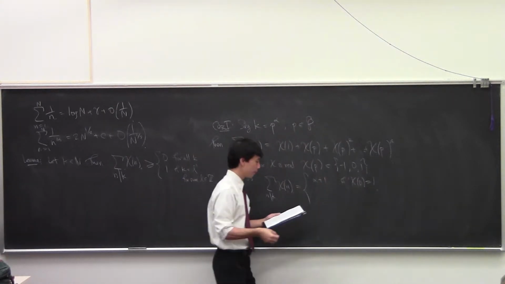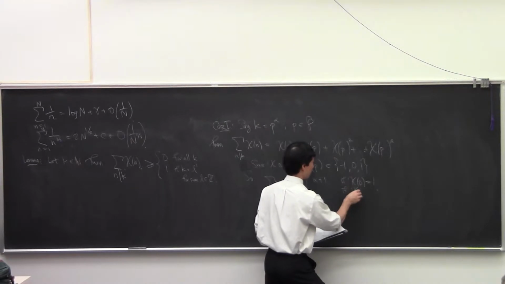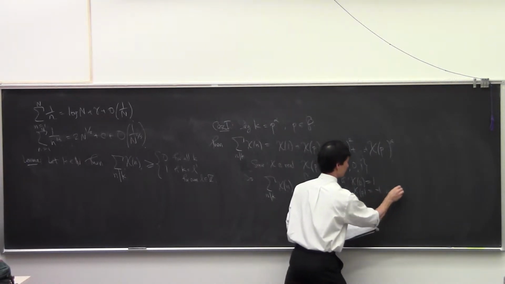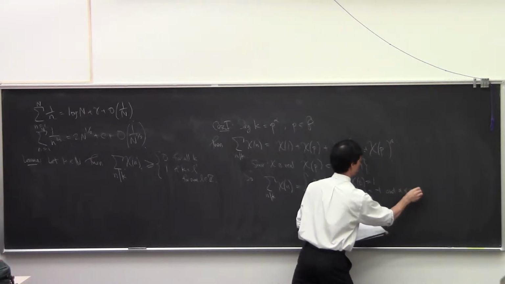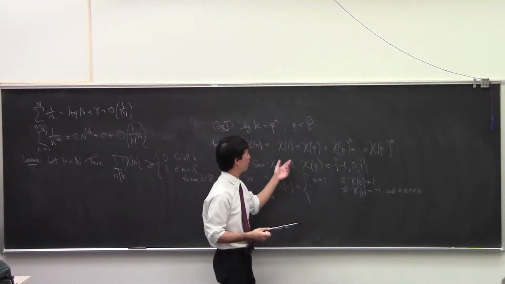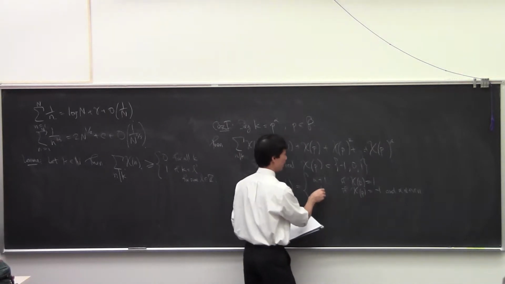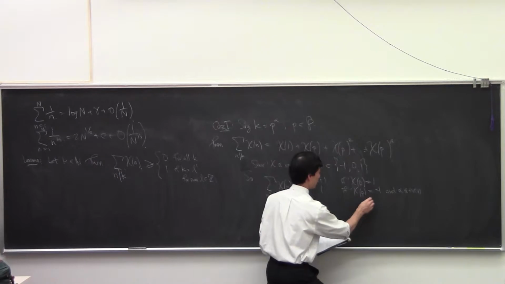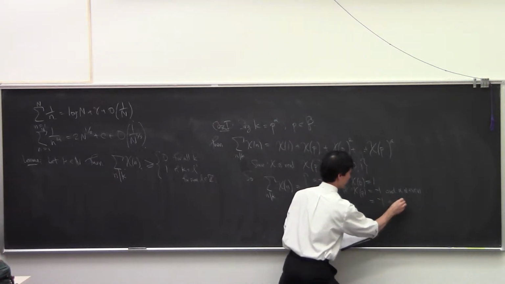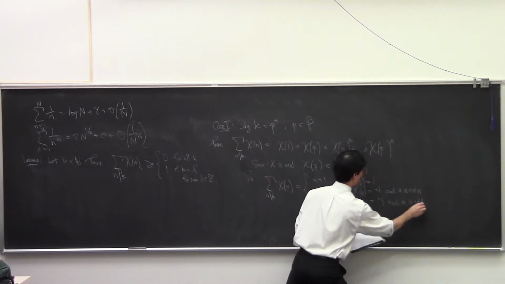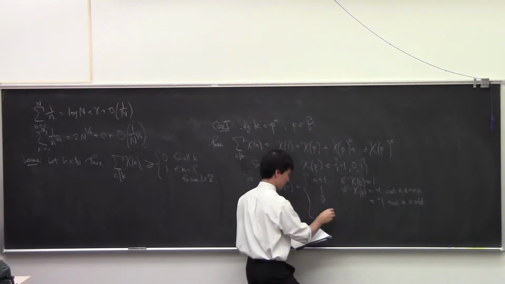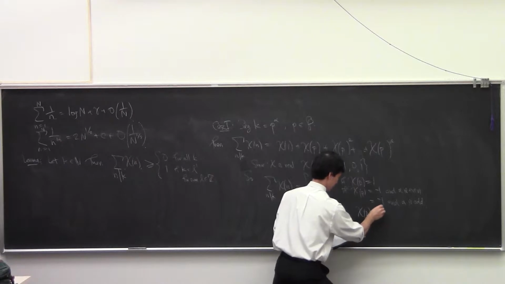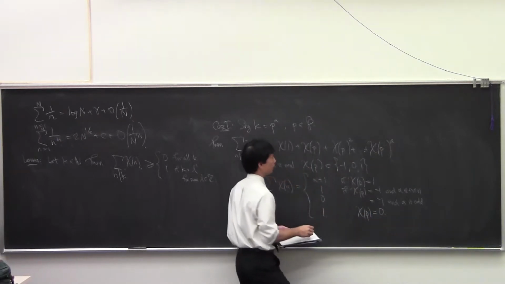If chi(p) is -1 and alpha is even, then we get 1. If chi(p) is -1 and alpha is odd, we get 0. And if chi(p) equals 0, we get 1.